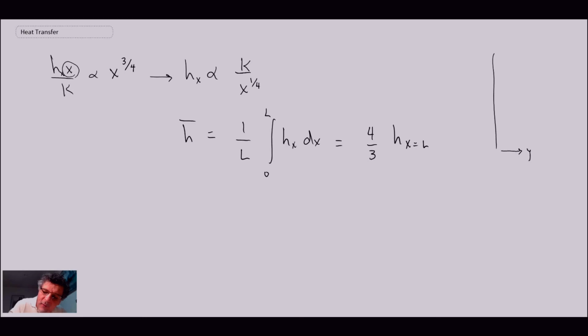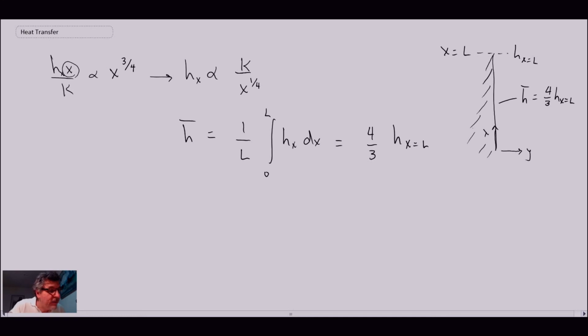So if this is y and this is x, and this is our plate here, x equals L, we would evaluate h at x equals L, and then h bar, the average value for the entire plate, is just 4/3 h at x equals L, which would be the convective heat transfer coefficient at the end of the plate.